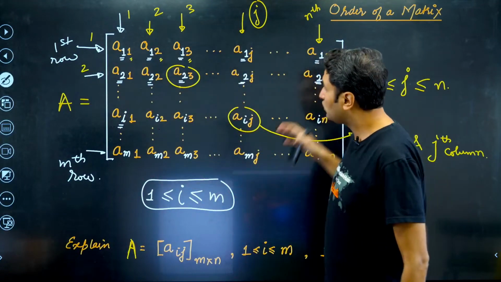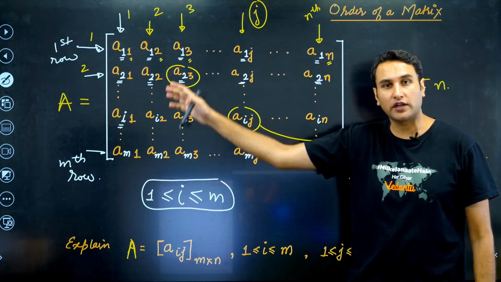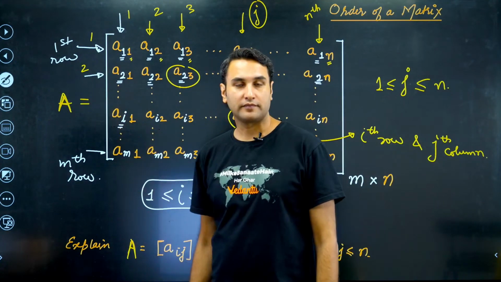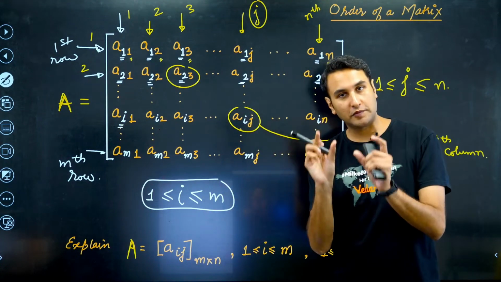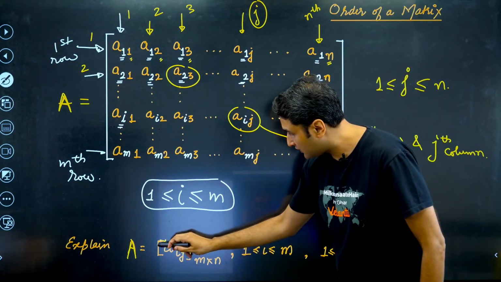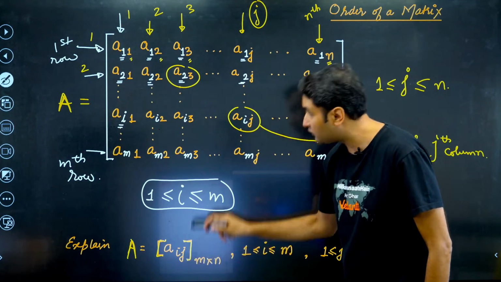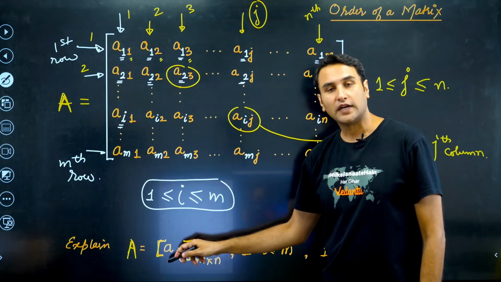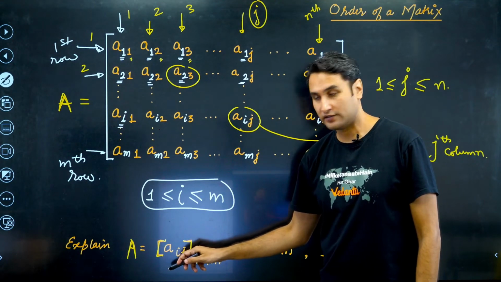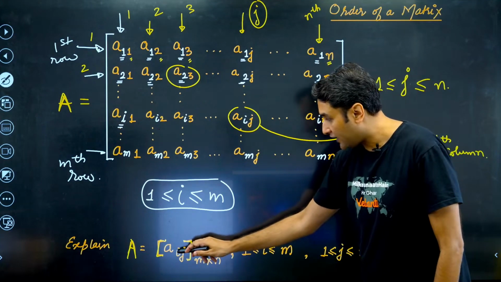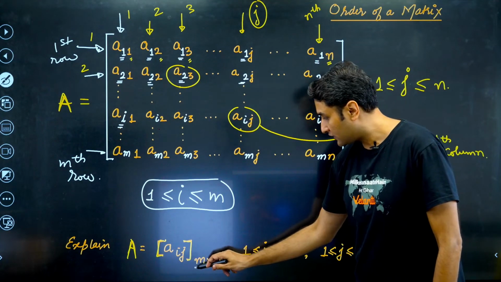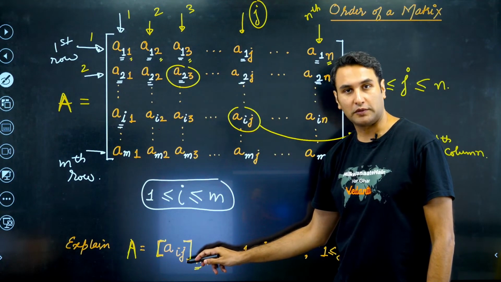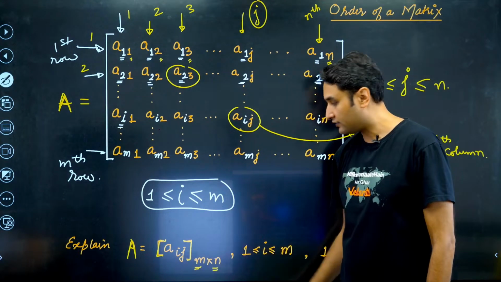So this entire huge rectangular array of elements, I can give it a name, a matrix A, and in short I can represent this, in the same kind of brackets as we put the matrix in, as a general element a_ij, right, where i represents the row number, with m total rows, and j represents the column number, and the total number of columns is n, right.